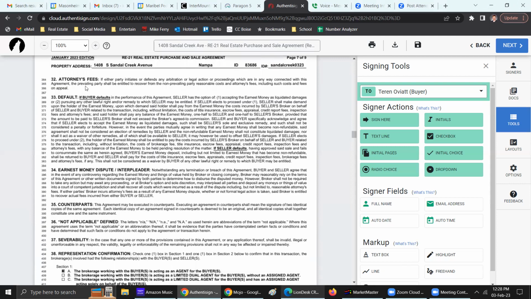Here it goes back to that earnest money and how we're protecting you during this process. If an issue comes up and the seller feels that you have not adhered to the agreement, they could basically want to keep that earnest money as if you defaulted.